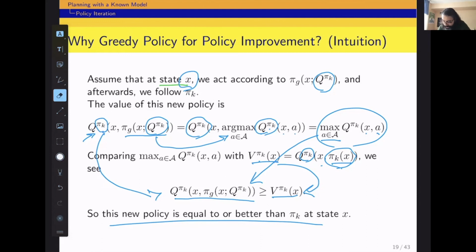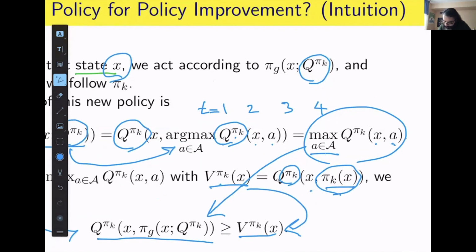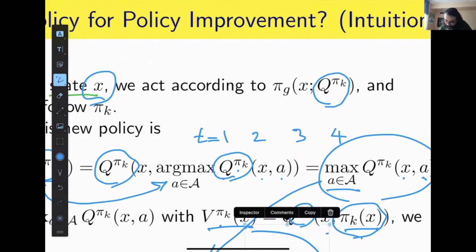If this is the time step, in policy improvement, if we choose the greedy policy, we have pi G of Q pi K at the first step, the same at the second step, third step, and fourth step.